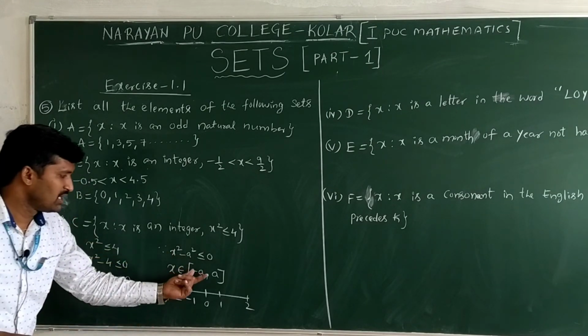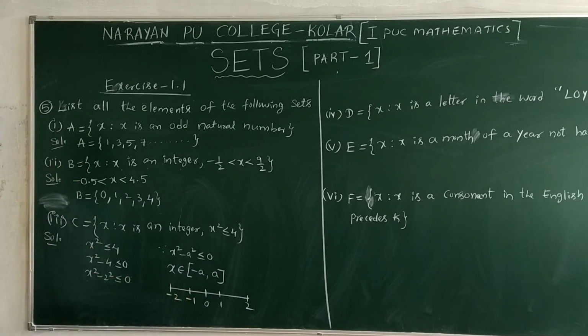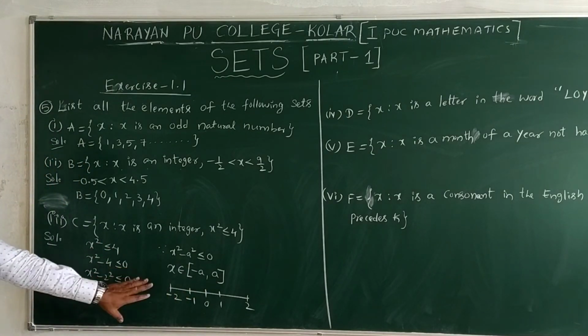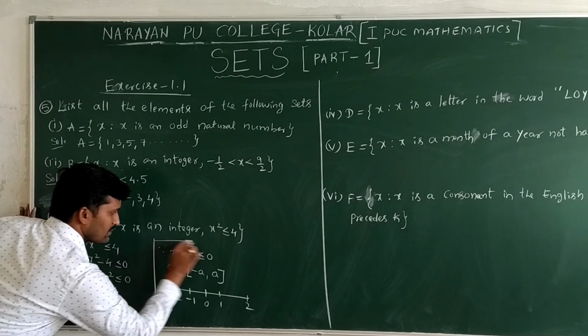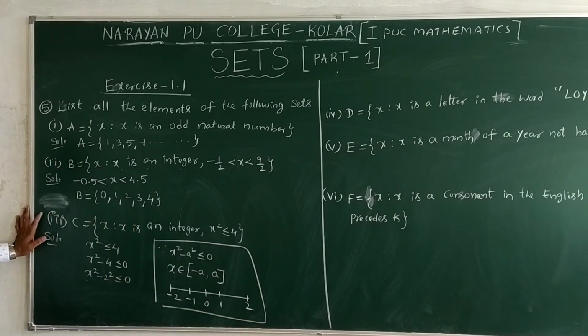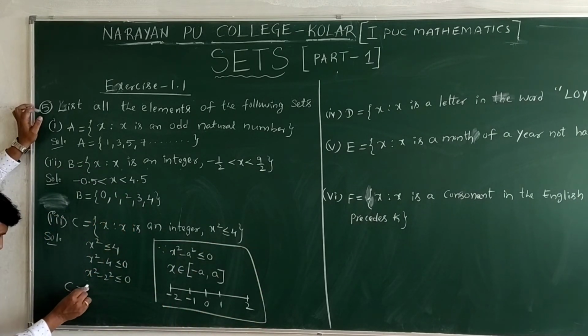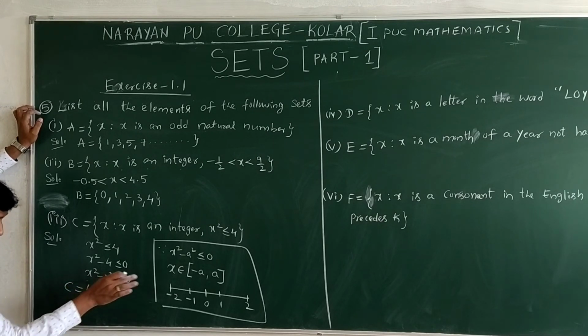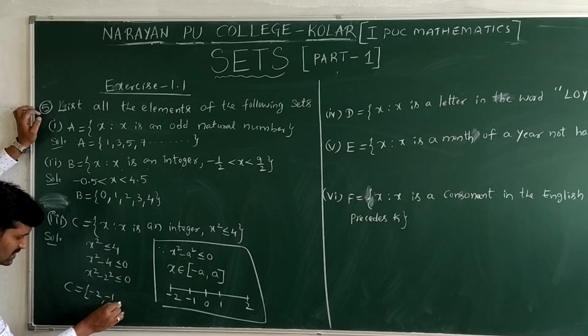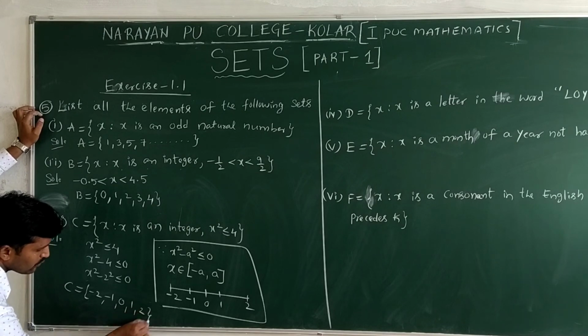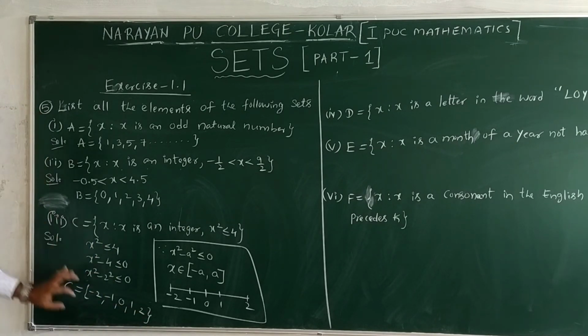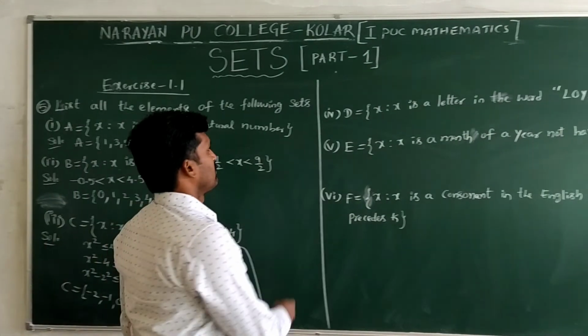Open bracket means these values are not included. But we need only integers. That's why I am taking integers in this. So in between minus 2 to plus 2 means minus 2, minus 1, 0 and 1, 2. Okay, so that is the solution for the third one.